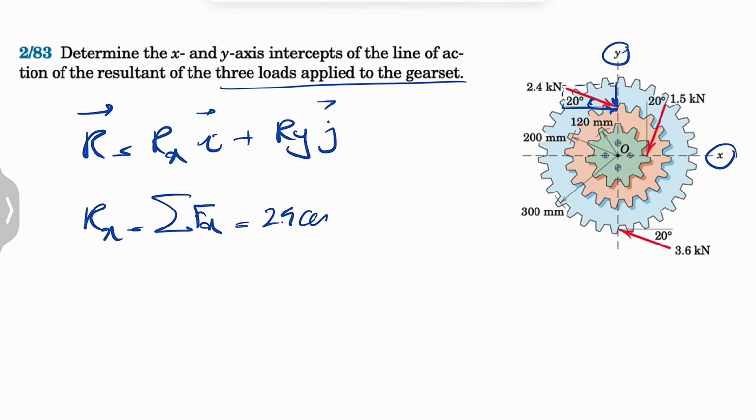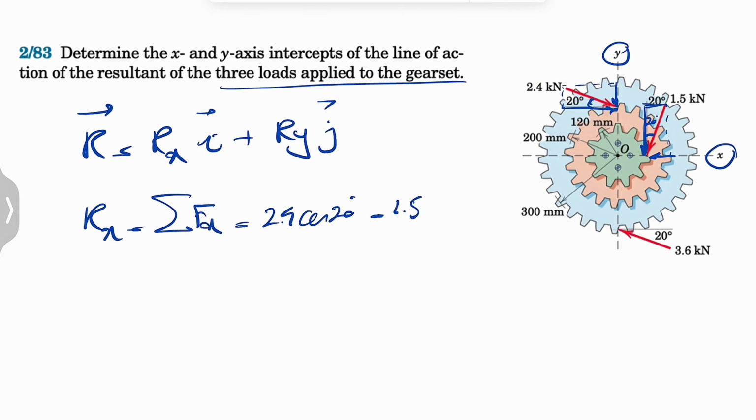So 2.4 cosine of 20 degrees, that's going to be the X component of the 2.4. Let's move on to the 1.5 kilonewton force. This will be the X, this will be the Y component, and also we have this angle right here, 20 degrees, as given in the question. We can see the X component is to the left, so negative 1.5.